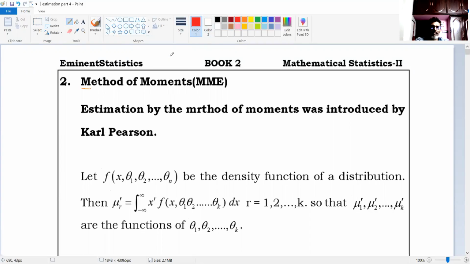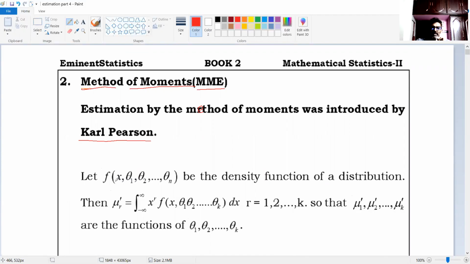Starting with the method of moments, MME, is a very simple topic, the easiest topic. Estimation by the method of moments was introduced by Karl Pearson. In the Karl Pearson method, we have to equate the population moments and sample moments and solve it.